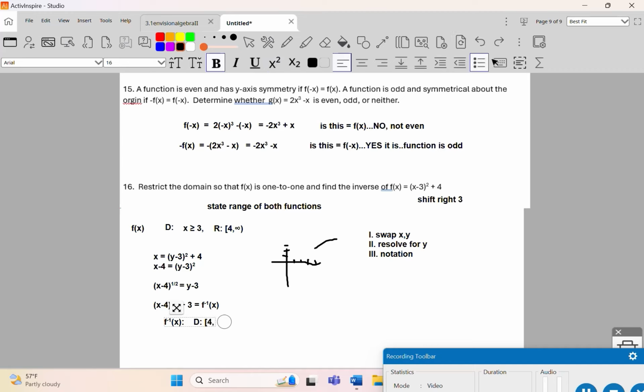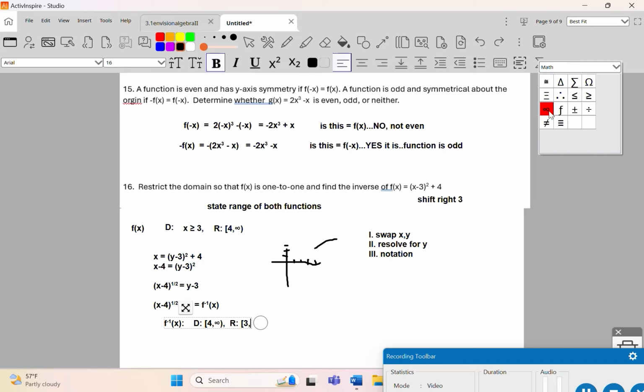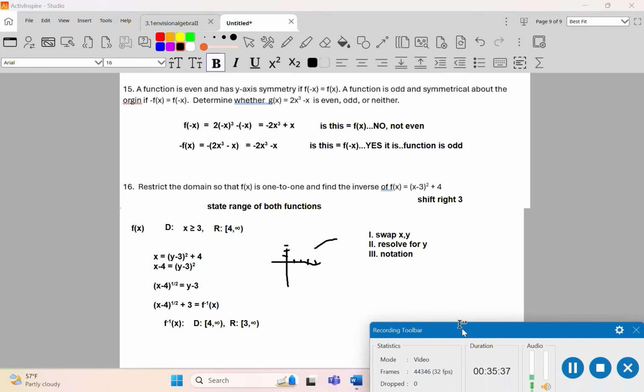That's because we restricted it earlier. And its range was 3 to infinity. It's just as simple as looking at that 3 there. And that is that. I hope you enjoyed.